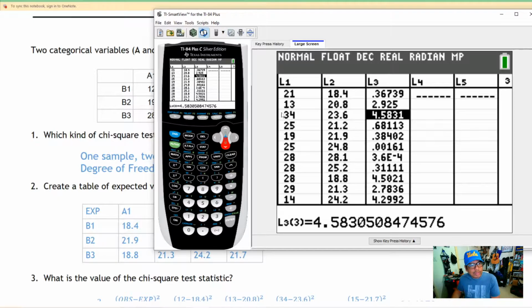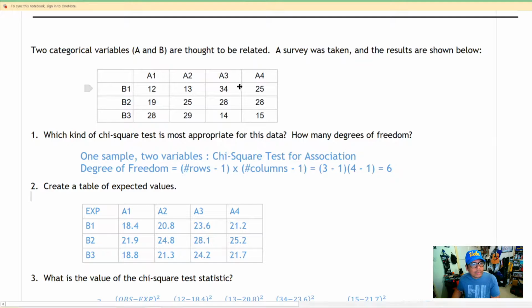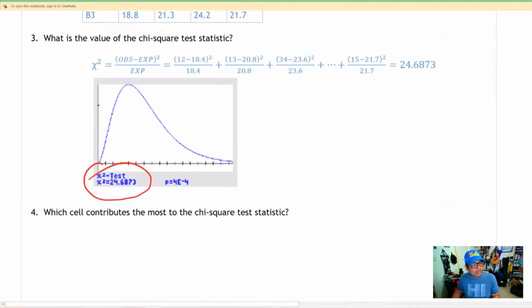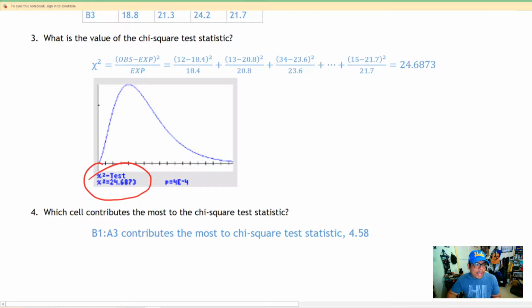So where is 34? 34 is B1A3. So which cell contributes the most? B1A3 contributes the most to the chi-square test statistic. It contributes 4.58 to the chi-square test statistic.